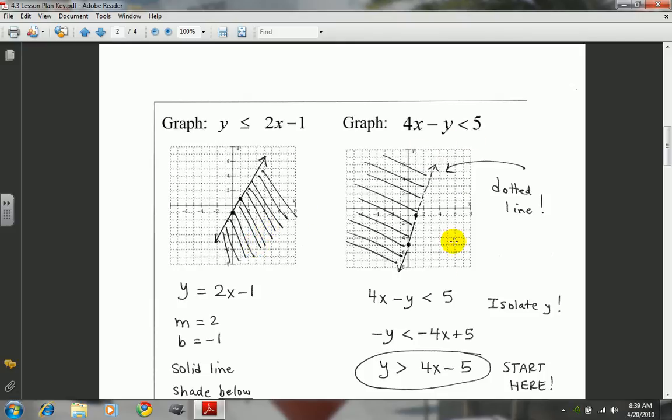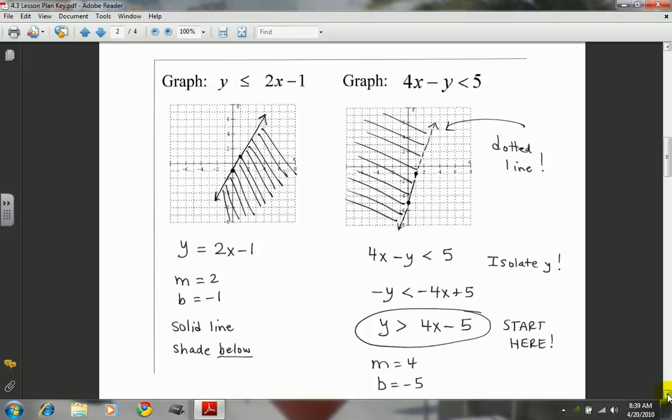Now, this next problem, I don't like how it starts. 4x minus y is less than 5. My technique for solving this, for finding the solution set, will be to first isolate y. So my first step will be to subtract 4x from both sides of the inequality. That gives me the opposite of y is less than the opposite of 4x plus 5.